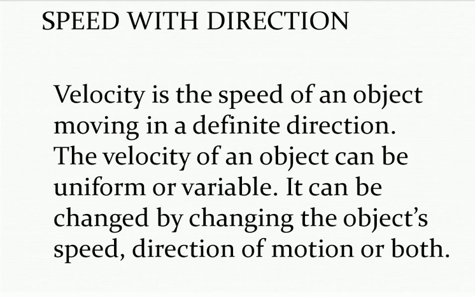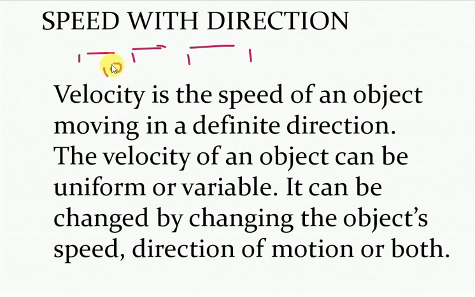From 0 to 100 meters the body is moving with 10 meters per second. From 100 to 200 meters, 10 plus 5, 15 meters per second. For the next 100 meters, it will be 15 plus 5, 20 meters per second, like that.